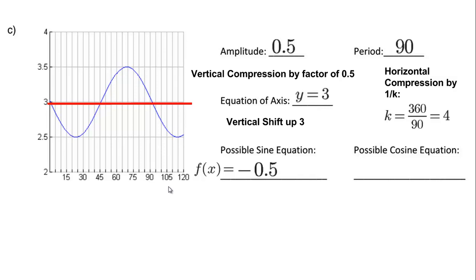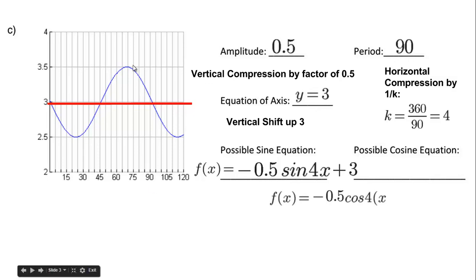So the sine equation is going to have an amplitude of a half, and we're going to use sine 4x. We actually use a negative because, as I said, if you don't incorporate a horizontal shift, it's starting on the middle line and going down. We still have to have that plus 3. The cosine graph looks similar, but the cosine graph would have to start on the max or the min.